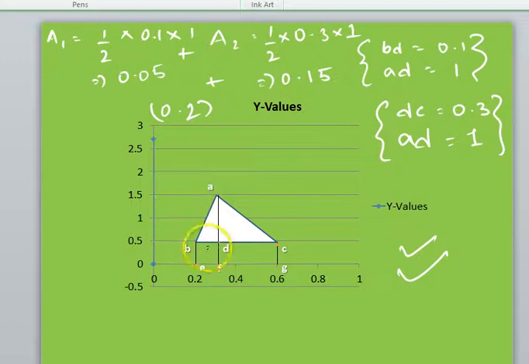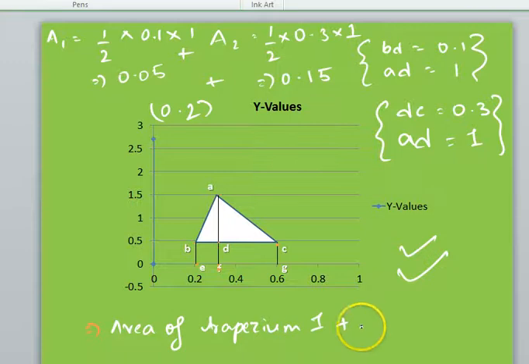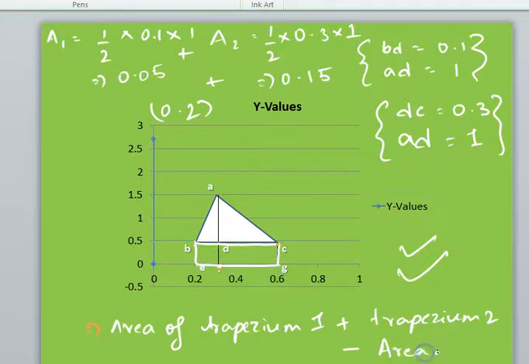The area of the triangle could be given by the area of trapezium 1 plus the area of trapezium 2 minus the extra part which is there, the rectangle which is being shown here, minus the area of the rectangle.